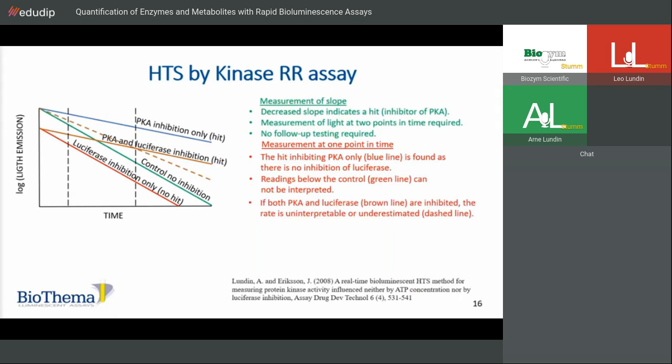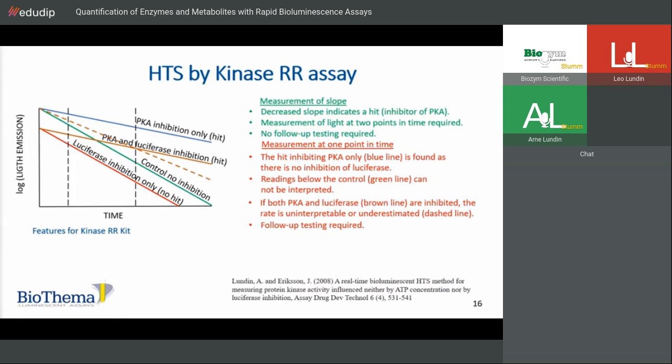And if both PKA and luciferase are inhibited, the rate is uninterpretable or underestimated, that is the dashed line. And follow-up testing will be required.